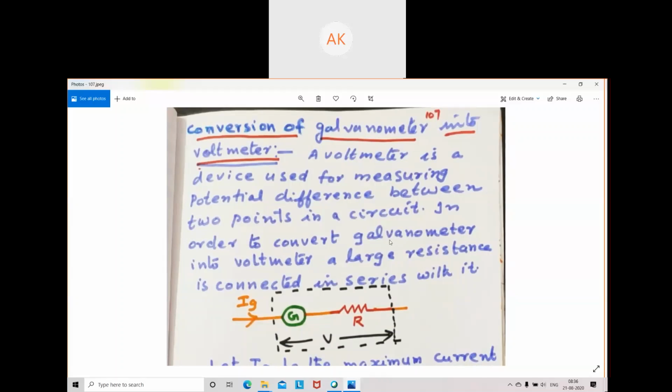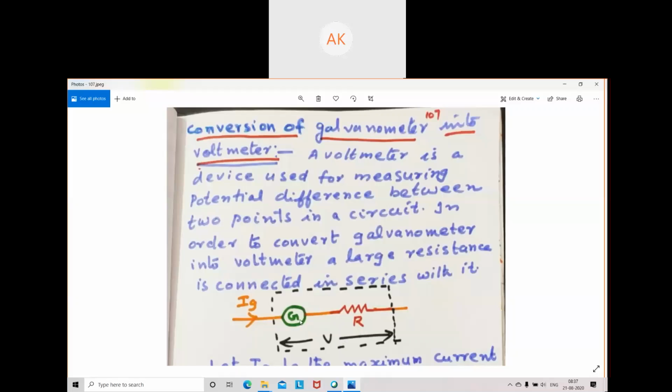A large resistance is connected in series with the galvanometer. So this is a galvanometer. We are converting that into a voltmeter. So what is to be done? A suitable resistance, very high resistance actually. Ammeter, very small resistance connected in parallel. But voltmeter, a very high resistance is connected in series with the galvanometer because it is measuring potential difference. So maximum voltage should develop across this combination.